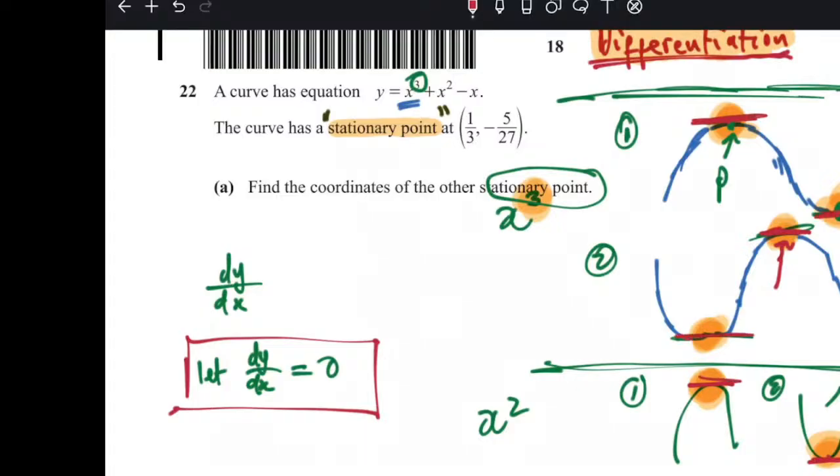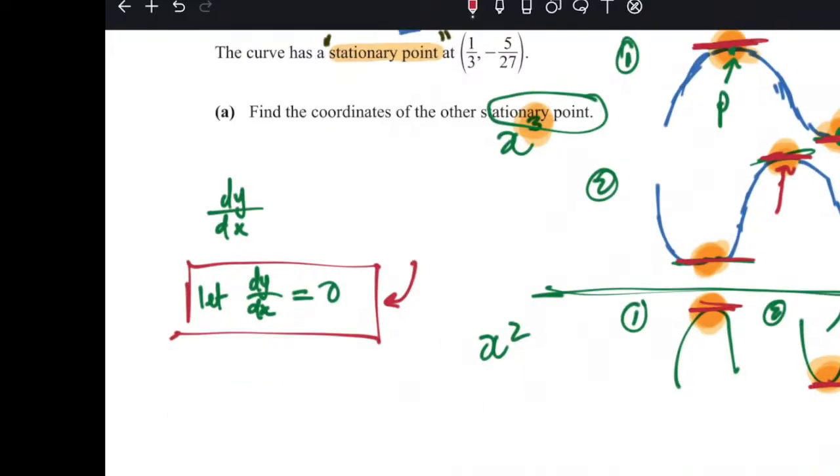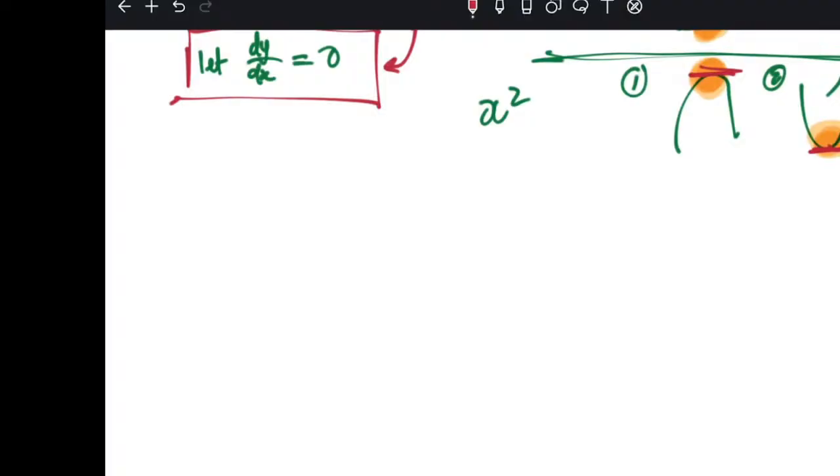So, my students, listen. For a stationary point, if I don't see this stage, I will be so disappointed. No one is going to tell you to do it. I've told you now. Make dy dx 0. Then solve. You will have the stationary point. Why do they give us 5 marks for something like that, just to let dy dx be 0?